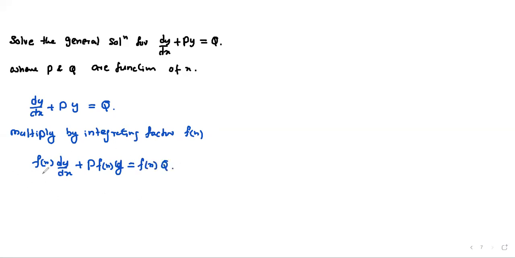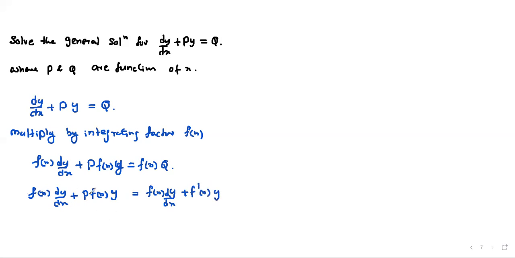Then, according to the former procedure, f(x) dy by dx plus p f(x) y, if you want to convert it into the previous format, it should be similar to f(x) into dy by dx plus f dash x into y.